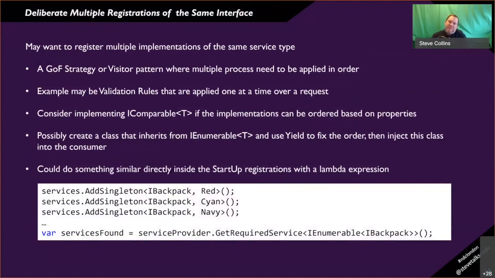If we flip what I've just talked about on its head, and you deliberately do want to register multiple implementations, the callers that need to iterate over it need to know about it. How does the consumer know that you've got multiple implementations? They have to explicitly request the IEnumerable of the service type to get all those implementations.